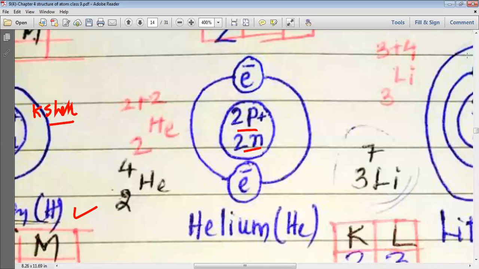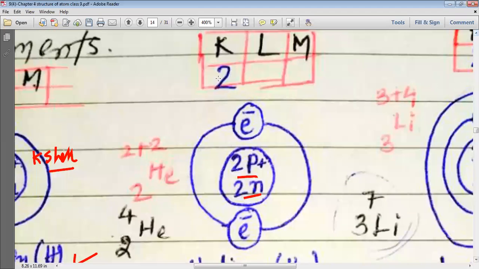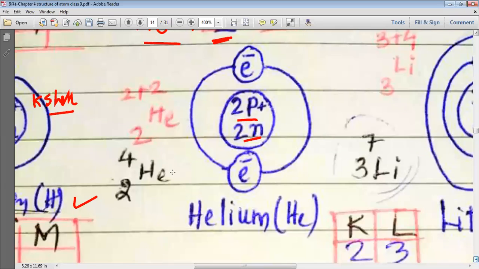As we have two electrons, both are filled into the K shell, and that is why the electronic configuration of helium is 2. When we write the electronic configuration of helium, we write 2. It has an L shell and an M shell, but they do not have any electrons; they have 0 electrons in them.